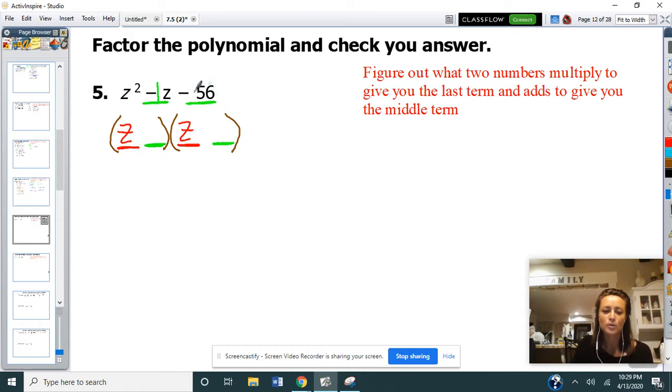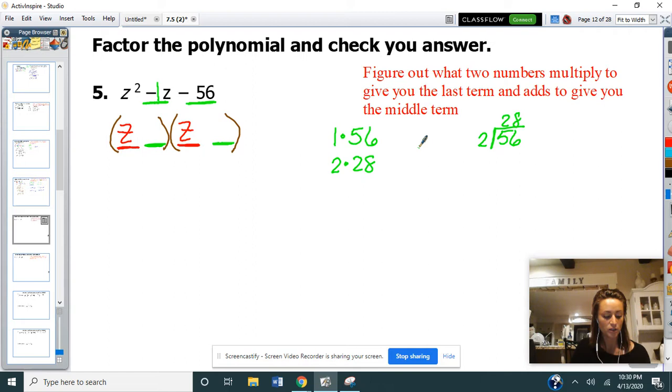So we need to figure out what multiplies to give me 56 first. Let's try it. We got 1 times 56. 2 times, if you don't know what goes into it, you could just take your calculator and divide by 2. So you can just say, okay, let's see if 2 goes into it. It does because it's even. You divide here, you'll get 28. So 2 times 28.